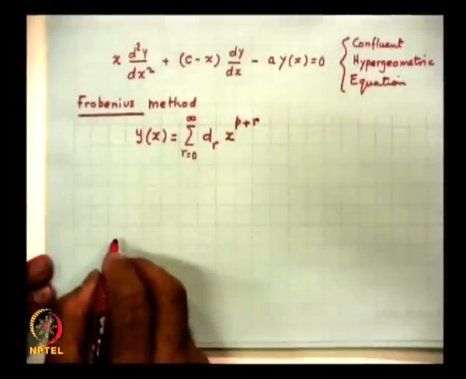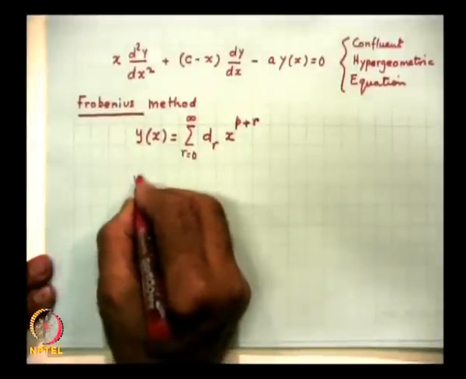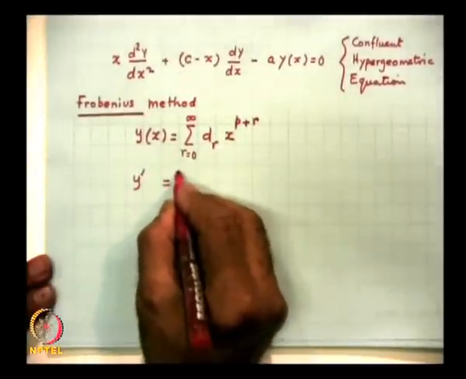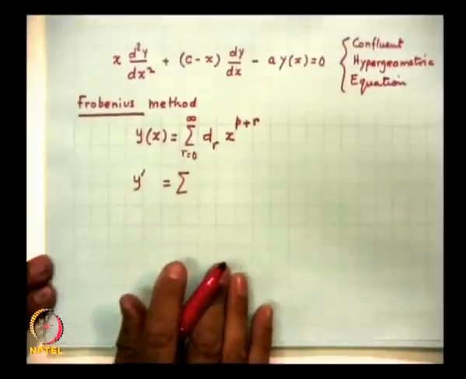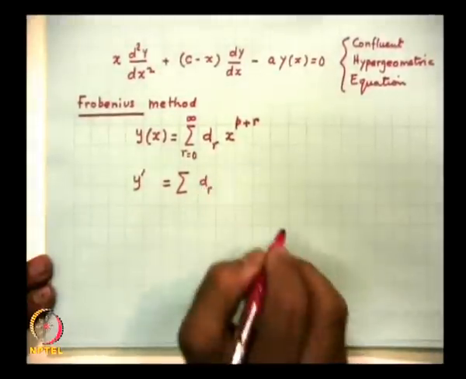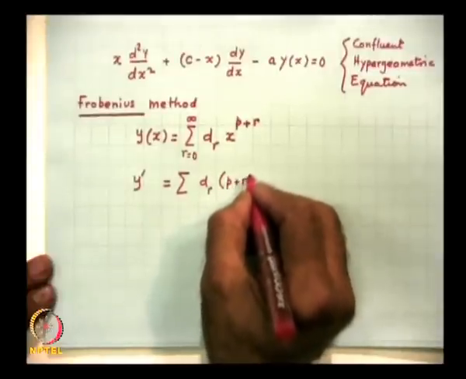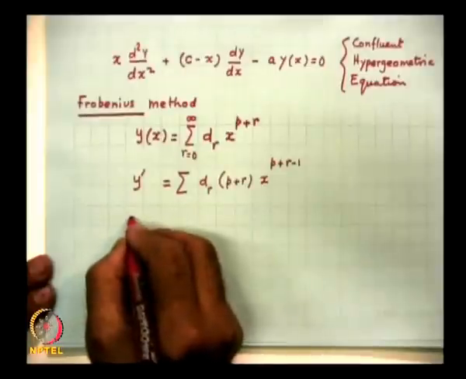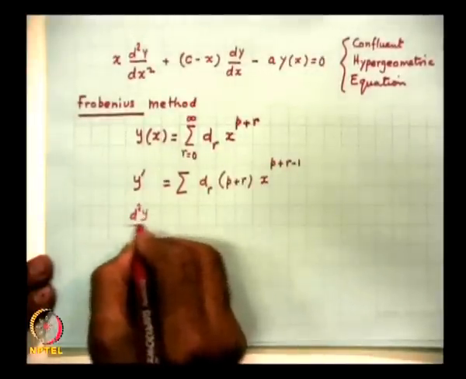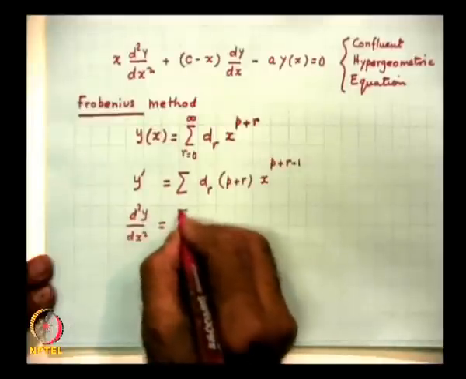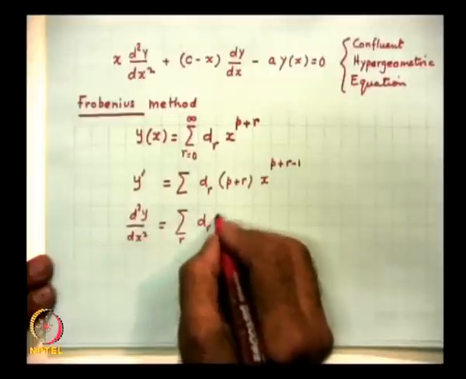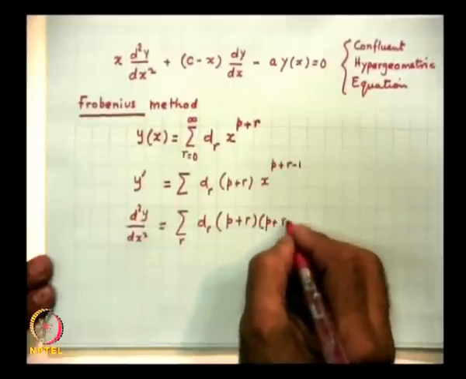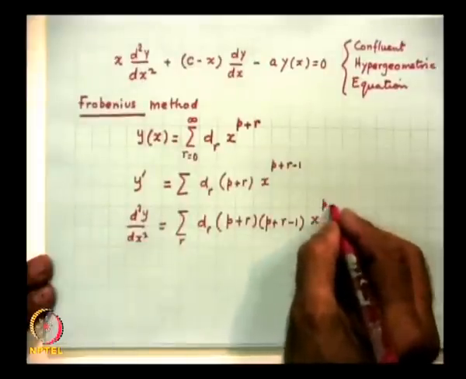So, I differentiate this once and again. y prime of x, which is dy by dx, is the sum of d_r (p plus r) x to the power of p plus r minus 1, and d2y by dx square is the sum of d_r (p plus r)(p plus r minus 1) x to the power of p plus r minus 2.